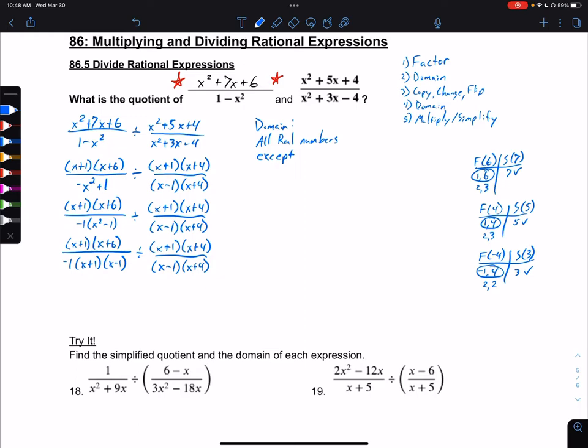You'll see why. My first group, x plus 1 here, that's going to give me a domain exception of x being equal to negative 1. Next group, x minus 1, that tells me that x cannot be equal to a positive 1.